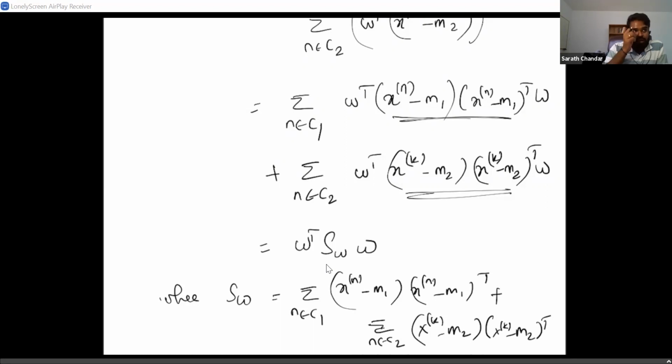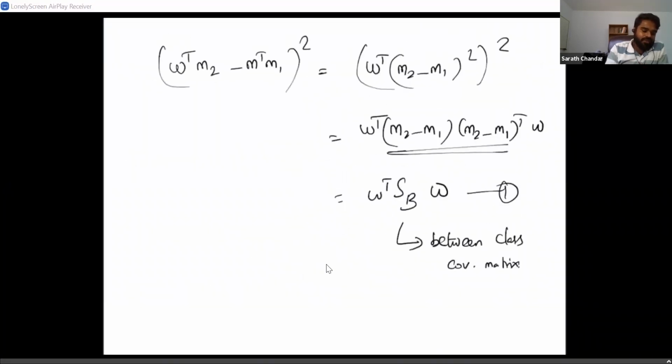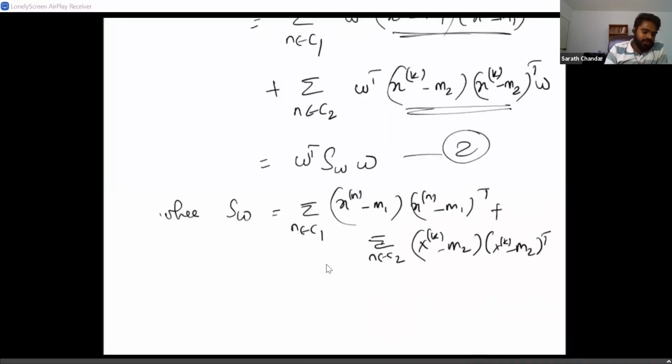Let's call this equation 2. So the numerator is simplified like this, and the denominator is simplified like this, right?